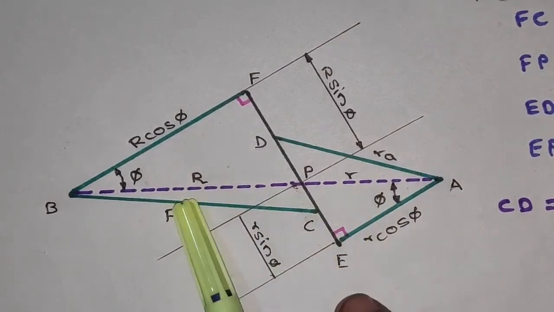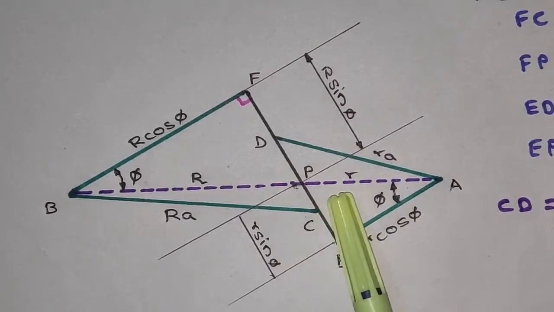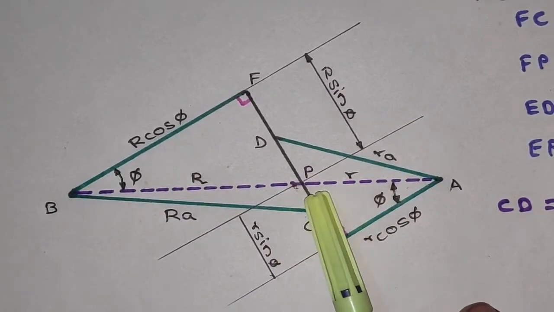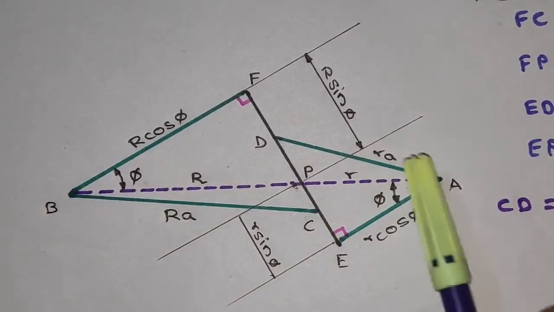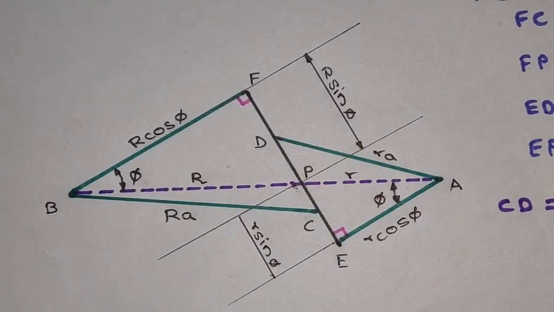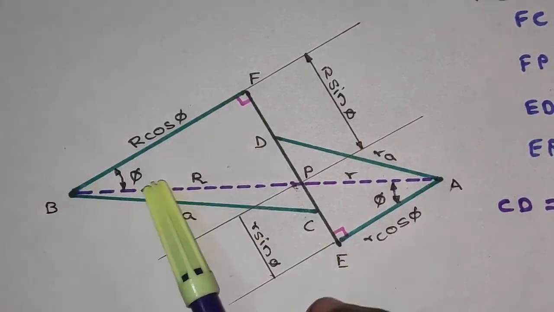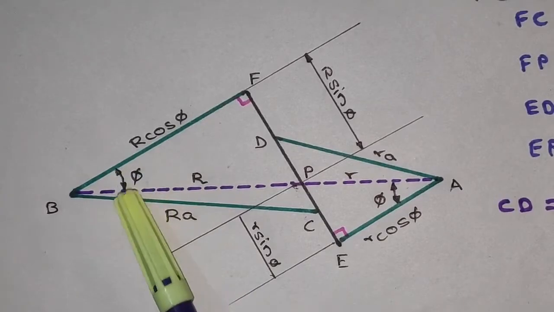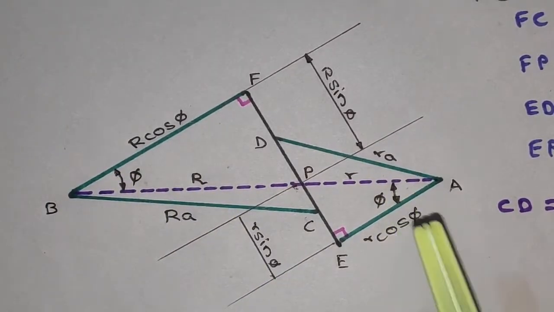We have denoted the same notation. Capital R is the pitch circle radius of gear B, small r is the pitch circle radius of gear A, capital RA is the addendum circle radius of gear B, and small ra is the addendum circle radius of gear A. Now we'll apply the trigonometric ratio over here. This is the angle phi for this triangle, and this is the angle phi for this triangle here.